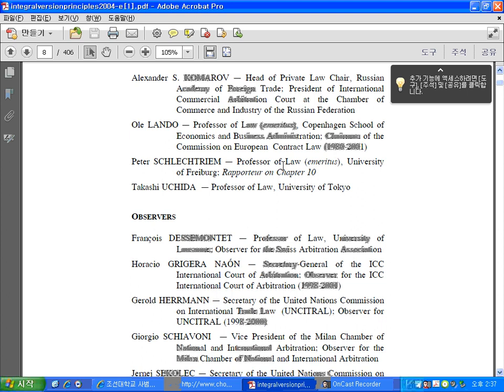And actually, major players engage in international trade. So it is one source of law subject to this class.